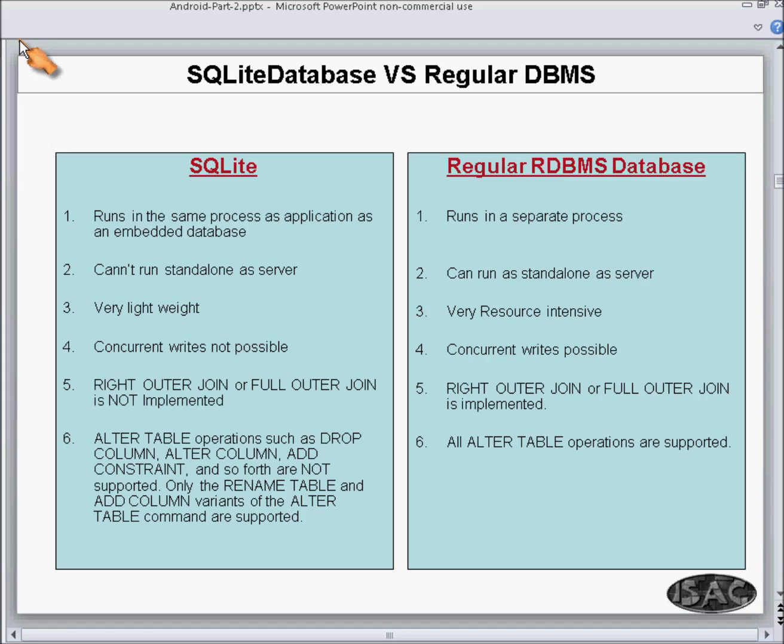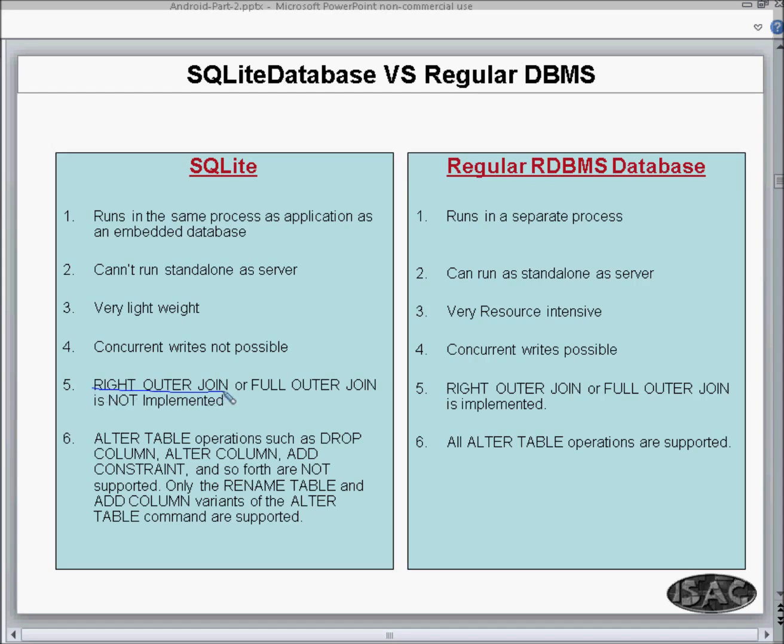Now there are a few things, syntactically, which are not supported in SQLite but are supported in regular RDBMS. One of them is that right outer join or full outer join is not implemented. Alter table operations like drop column are not supported.